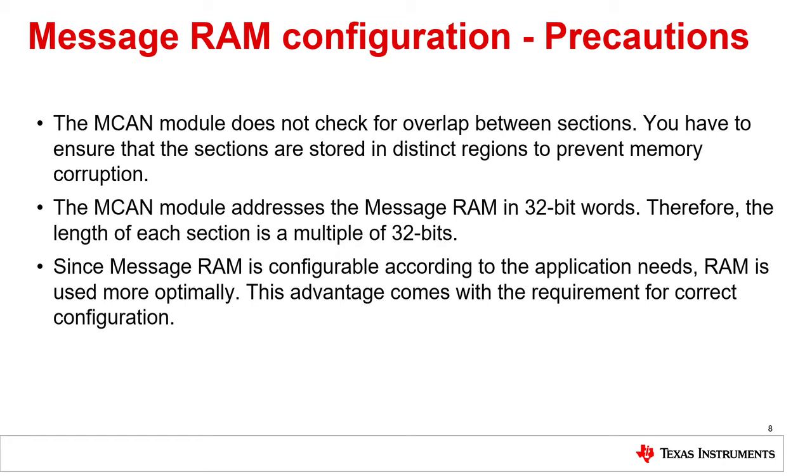It is your responsibility to ensure that the sections don't overlap each other. Message RAM is addressed in 32-bit words. Therefore, the length of each section is a multiple of 32 bits. Since message RAM is configurable according to the application needs, the RAM is used more optimally. This advantage comes with the requirement for correct configuration. This step is not needed in DCAN since its message RAM is not configurable.